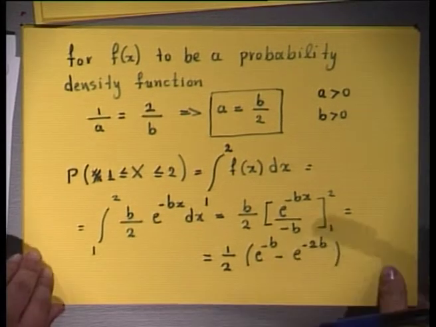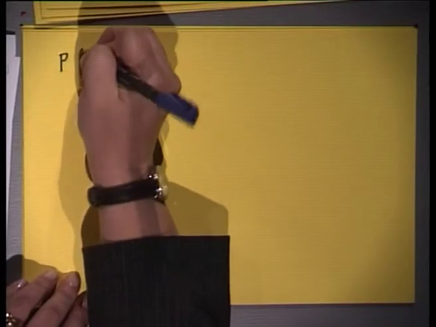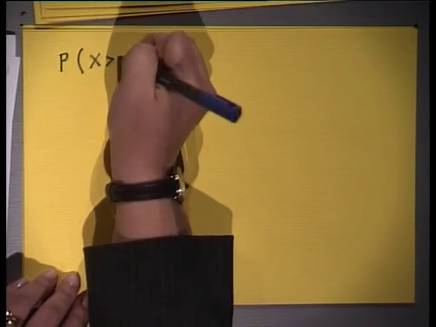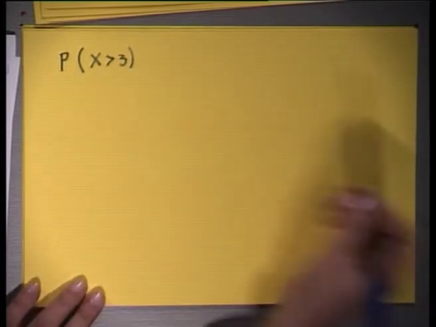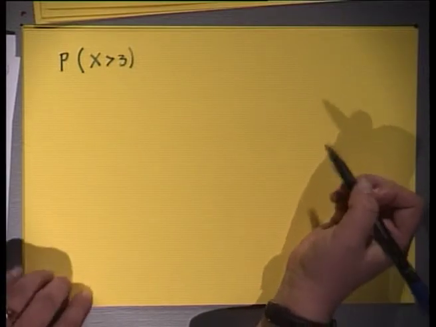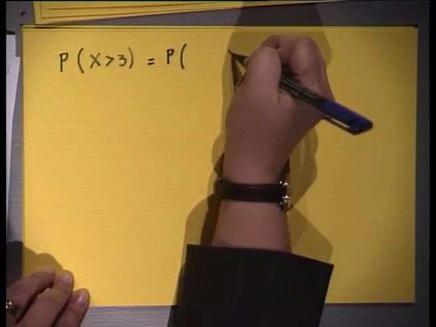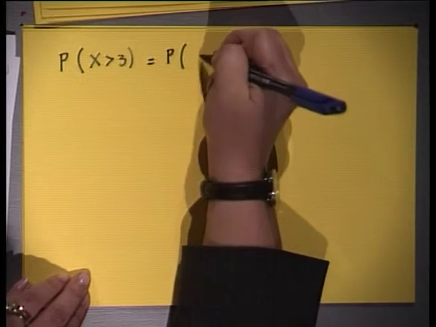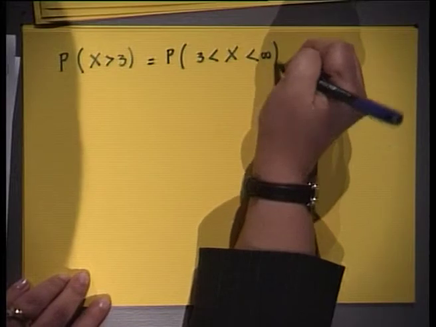Let's calculate another probability. If, for example, we have to calculate the probability of x greater than 3, what we mean by this, we again have an interval here. We actually mean the probability of x greater than 3 and less than infinity.